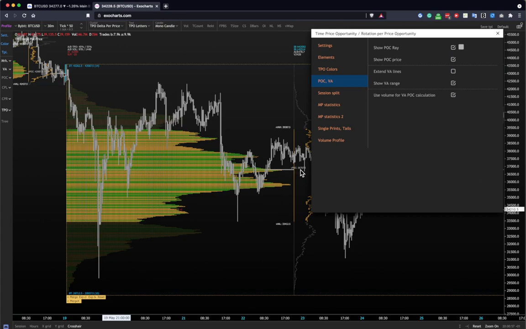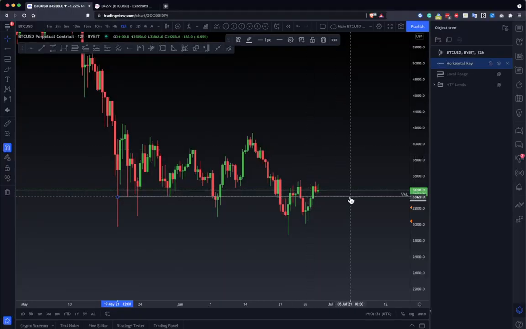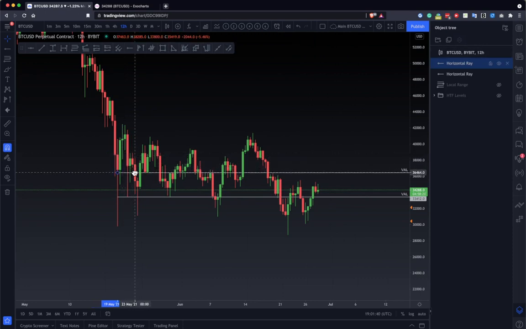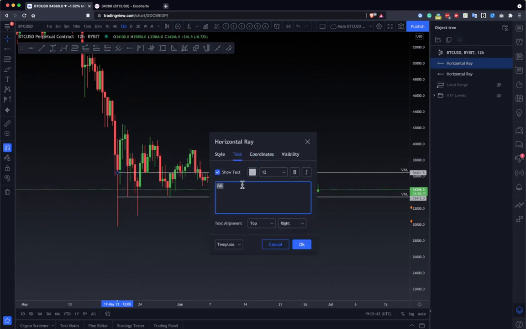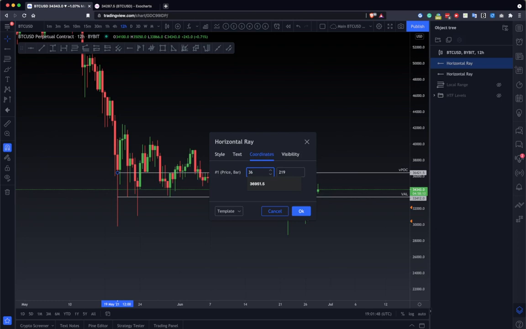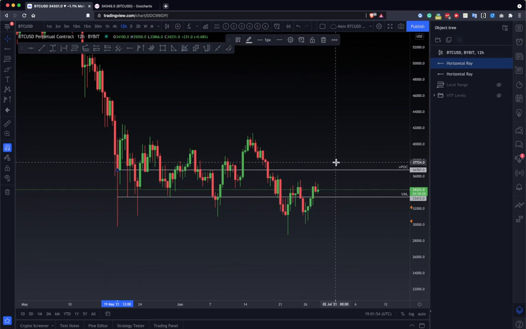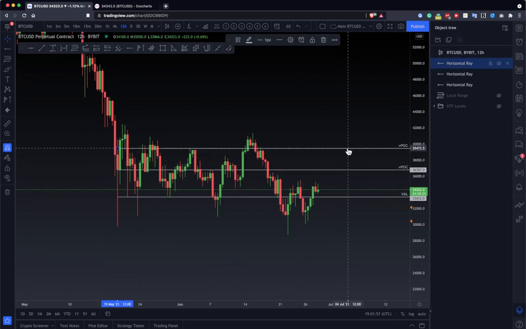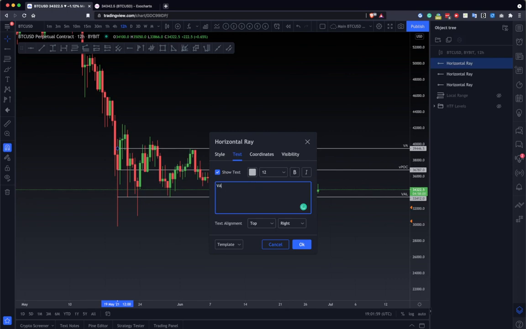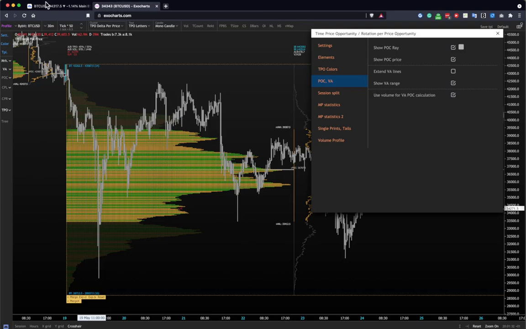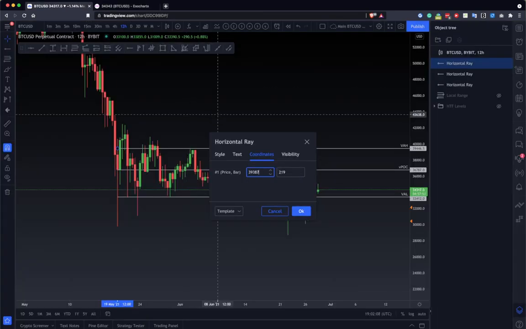Our point of control is 36787. This is our volume point of control, 36787, if I'm not mistaken. Yeah. And our value area high is at 39387.